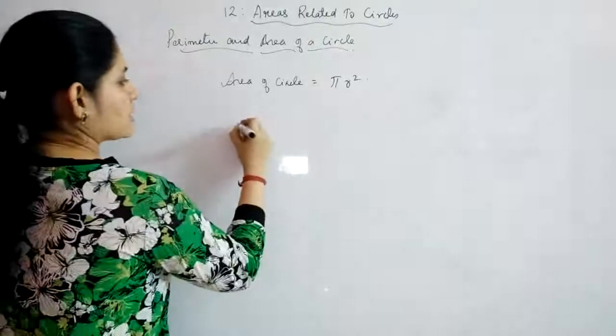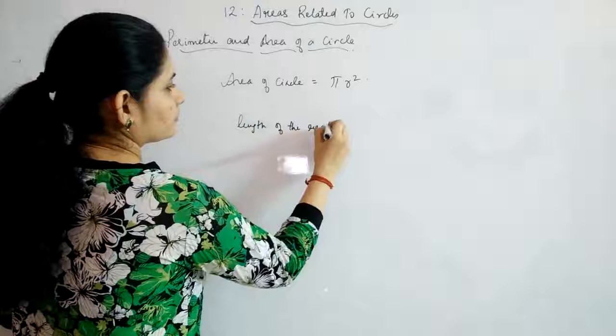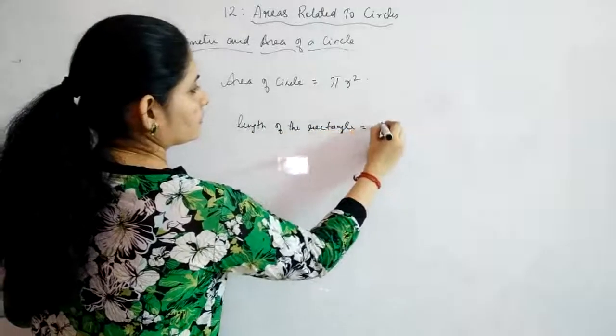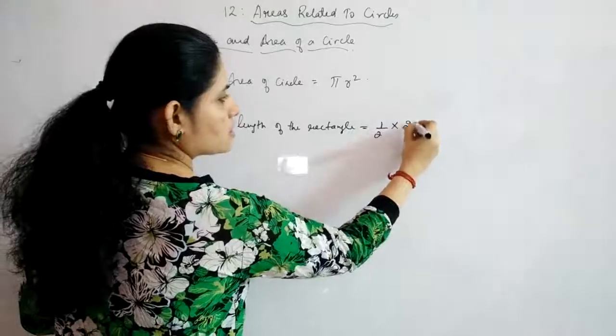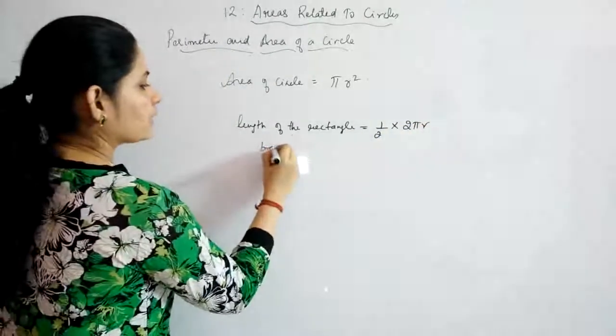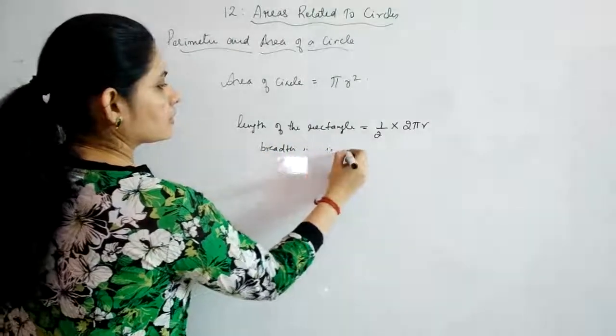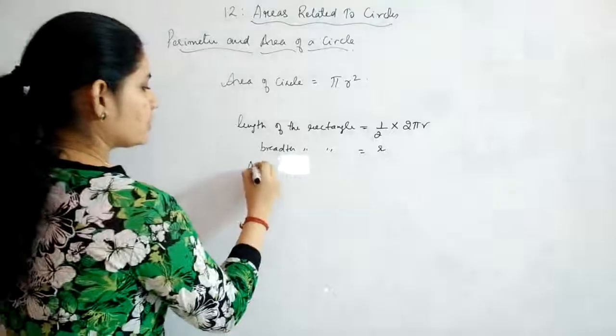The length of the rectangle will be half of the circumference of the circle. The circumference of the circle is 2 pi r, and the breadth of the rectangle will be the radius of the circle. So what will be the area of the circle?